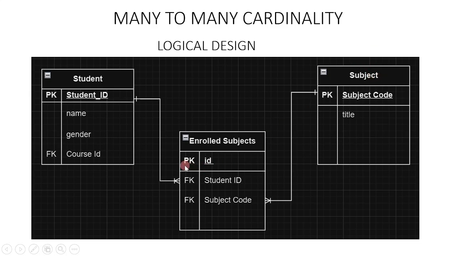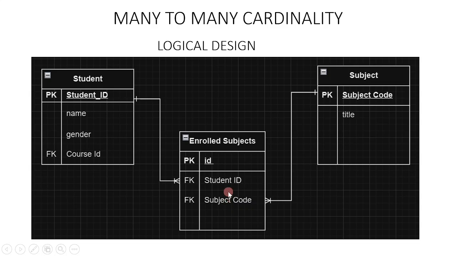Still, I have the primary key, could be just an auto increment. And since it is many, I have here a foreign key for my student. So one student can have many records here, and one subject can have many records.